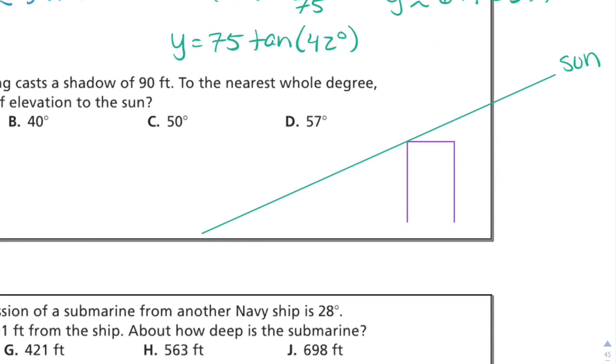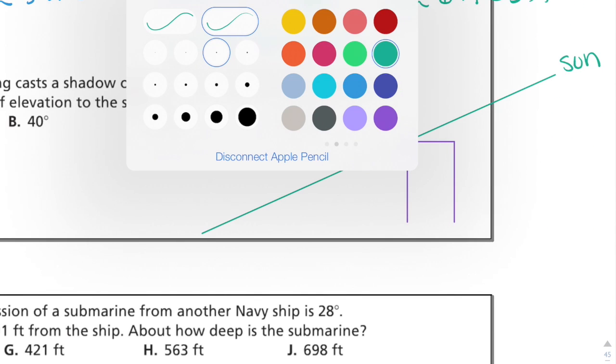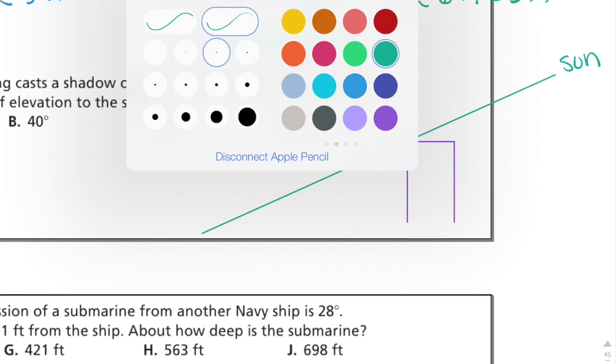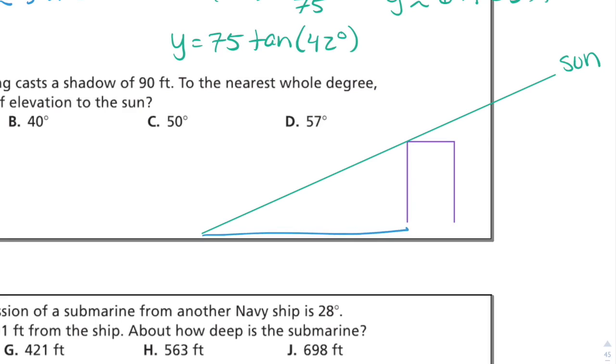The building is 107 feet tall. The shadow is 90 feet long. This is not drawn to scale because if it were to be drawn to scale, let me draw a little bit better.